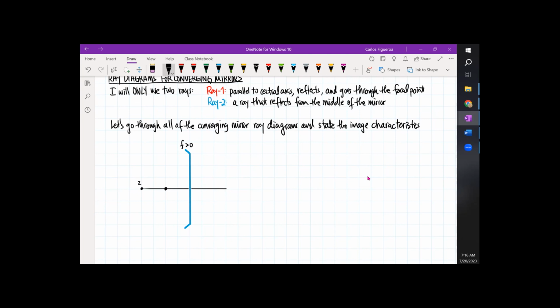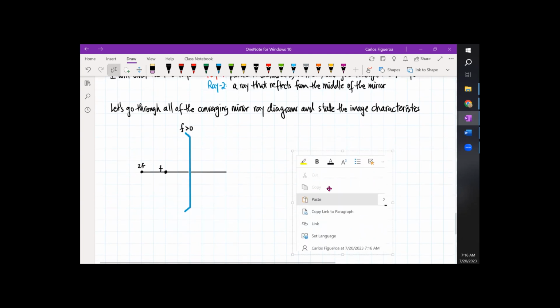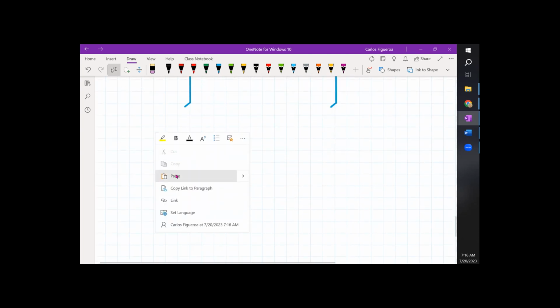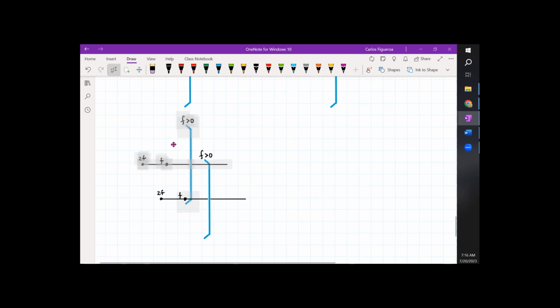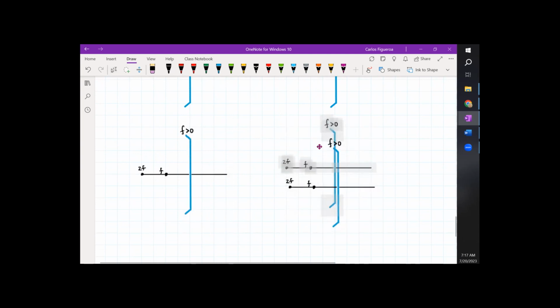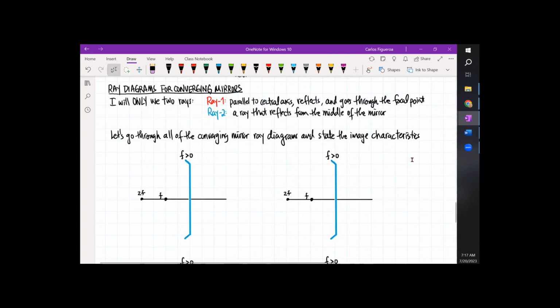So this is 2F, and I'm going to call this one here F. So I'm going to copy this, and that way we can save some time by going through these. So here we go.